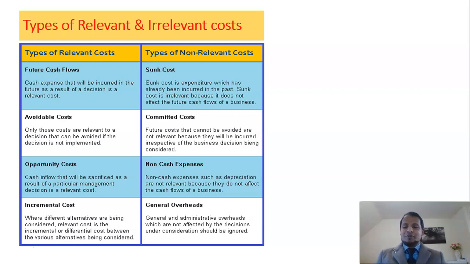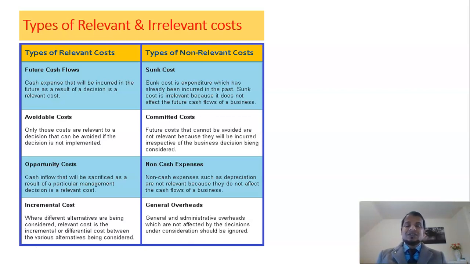For example, because of COVID-19, the organization stopped for 2 months, with no production and no activity. It doesn't mean that the employee will not get the salary. If he's permanent, full-time staff, he will get the salary, though he is not working, or he's working from home and his work is reduced. So that is a committed cost, and committed cost will continue irrespective of the decision that we make, and that's why it is irrelevant.